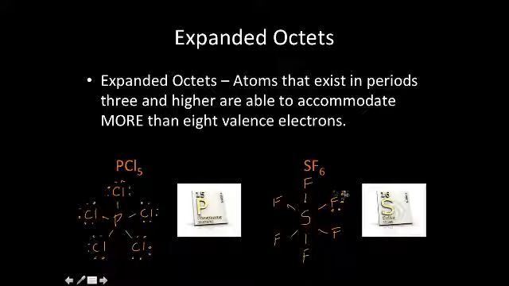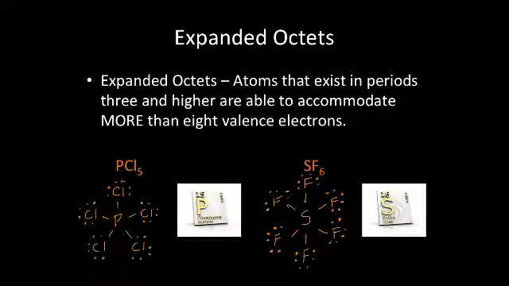Things that we wouldn't expect to see, we start to see here. And again, when you're drawing these Lewis dot structures, we try to keep these in pairs. These lone pair electrons. There you go. So there's 2 examples of expanded octets.